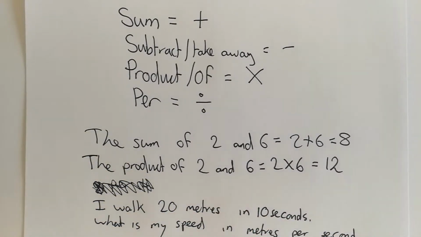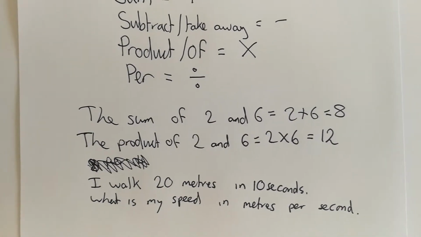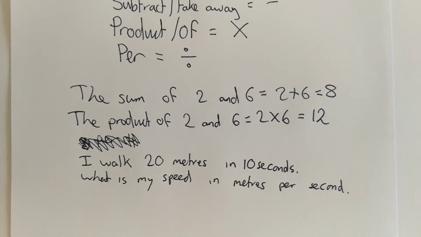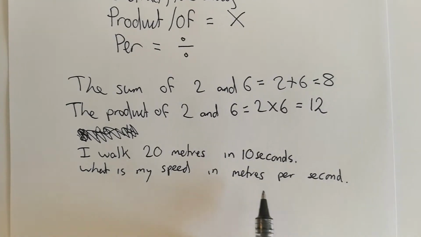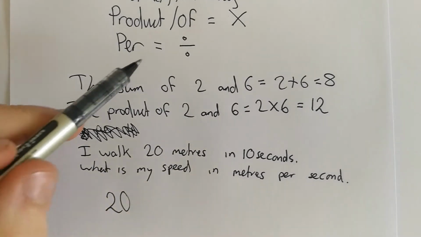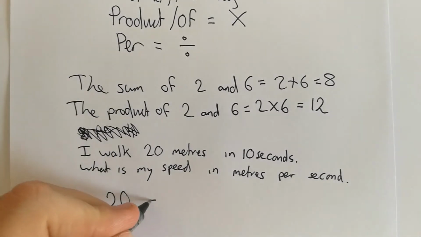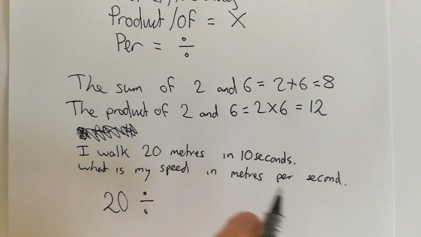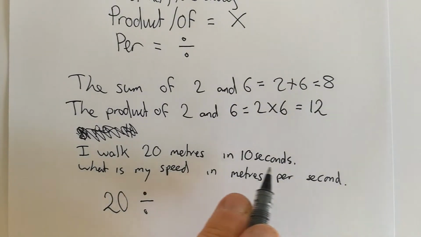And this is where it's kind of linked into a little bit of science. But you can actually use your units, meters per second, to tell you what you've got to do. Meters, well, how many meters do we have? Well, we have 20 meters. Per means divide. Seconds, how many seconds do we have? Well, we have 10 seconds.